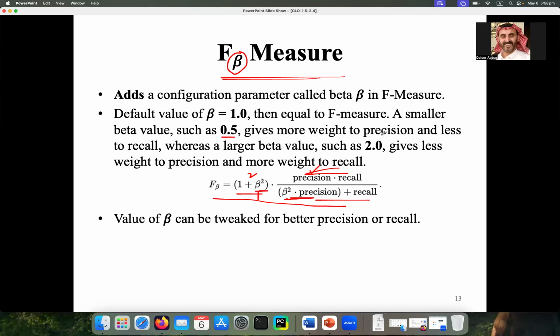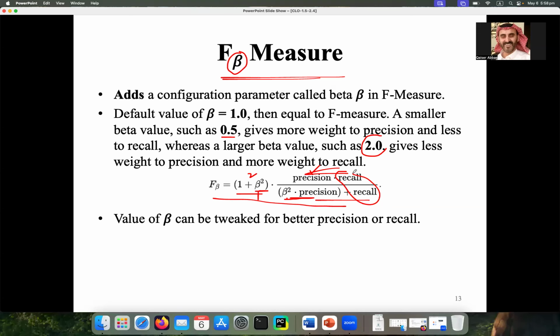And if you give some higher value like 2, 3, 4, a whole number, then the weightage of recall will be higher. Put these values in and then you will understand the weightage. When you work through this equation, you will see that precision has more weight than recall, and similarly recall has more weight than precision.